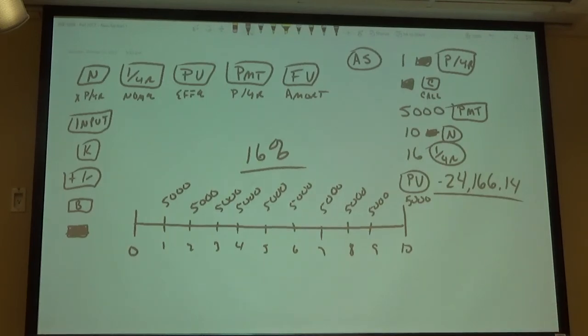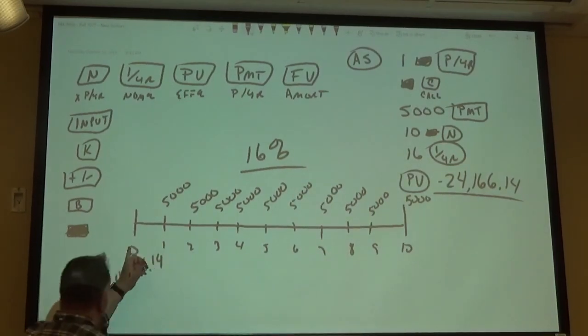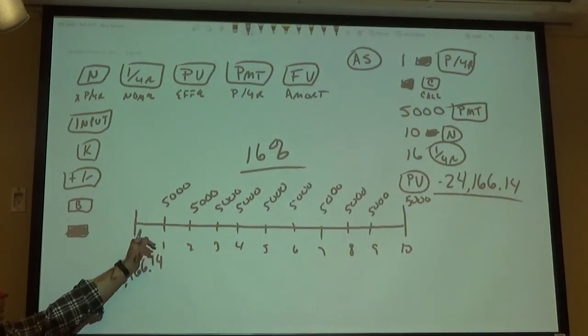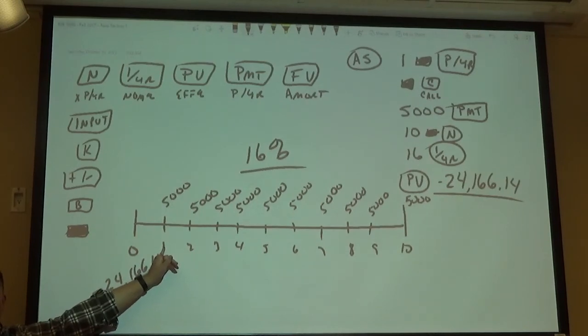So what that means is that he's willing to spend the $24,166.14 here at time period 0, right this minute, right now, and then his first cash flow payment will occur 1 year from today. Does that make sense?